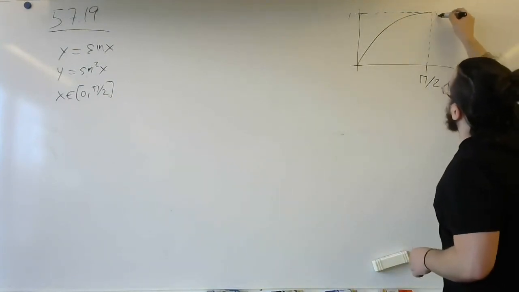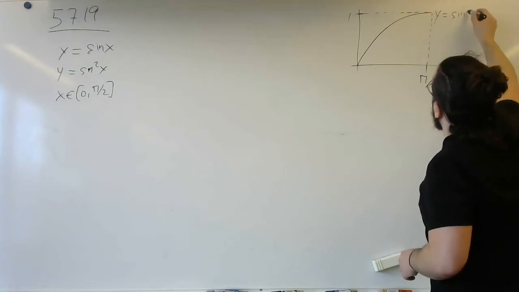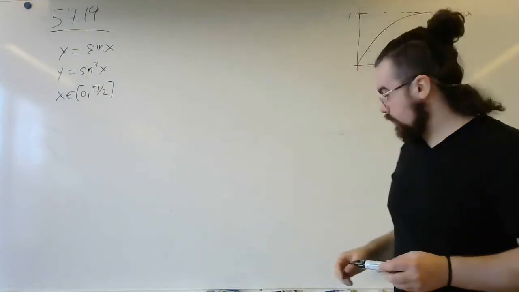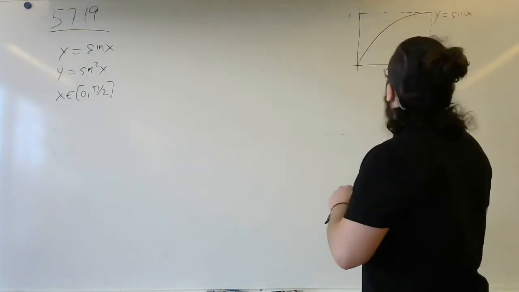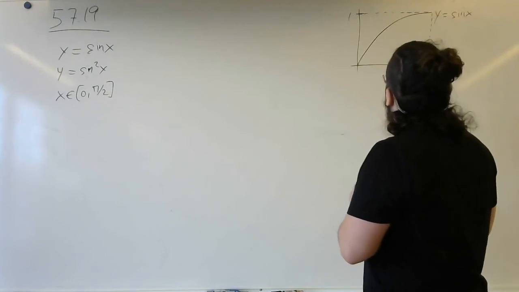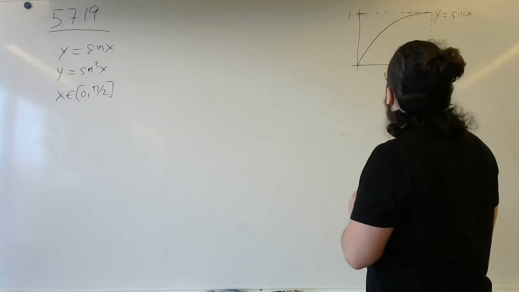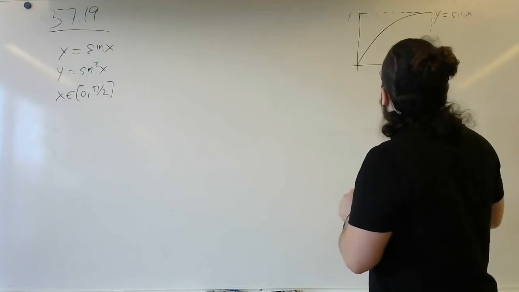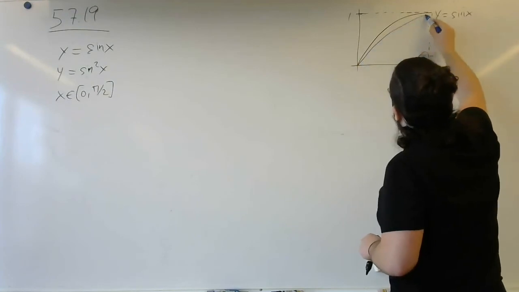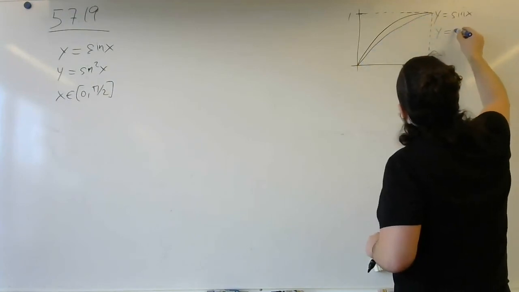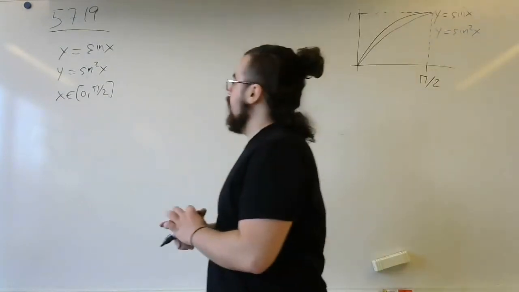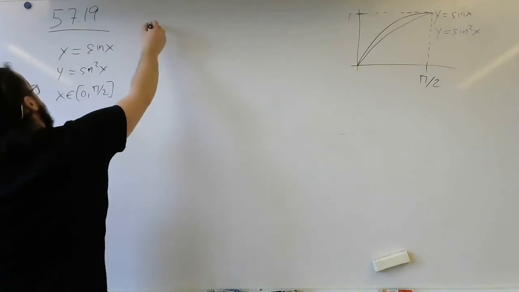So that's the sine of x. And sine squared of x is something on this line. Now, who tells me why this is true?